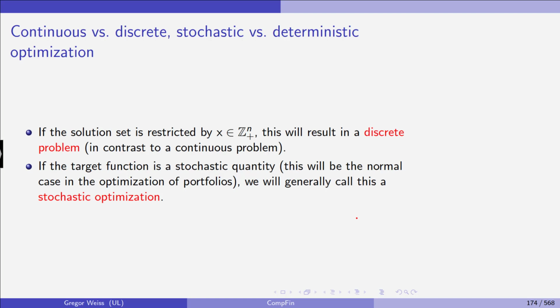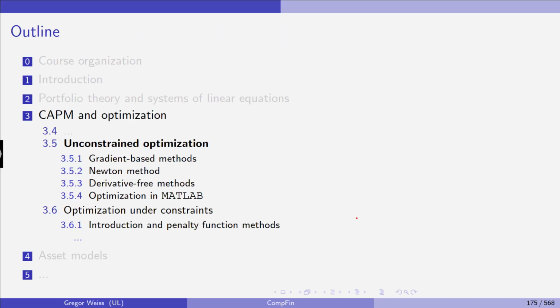If the solution set is restricted by x being required to be a whole number, this will result in a discrete problem in contrast to a continuous problem. Wir haben dann kein stetiges Problem mehr, sondern ein diskretes Optimierungsproblem. And if the target function is stochastic, we get stochastic optimization. So you see discrete optimization, convex optimization, stochastic optimization, linear optimization, and so on.